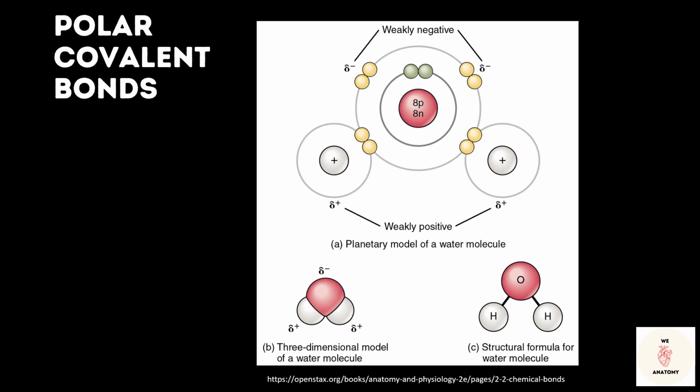Because the oxygen atom has 8 protons in its nucleus, and the hydrogen atoms each only have one, the negatively charged electrons are more strongly attracted to the oxygen nucleus than the hydrogen nuclei. This causes the hydrogen electrons to migrate toward the oxygen atom, which causes the oxygen end to be slightly negative, and the hydrogen end to become weakly positive. This therefore makes this a polar molecule.